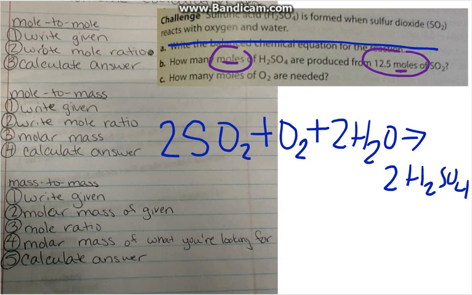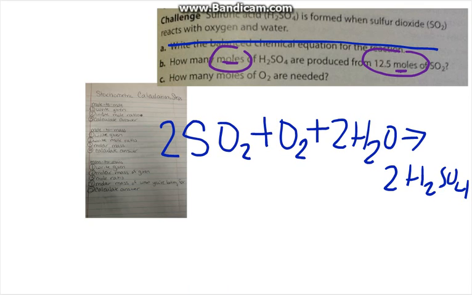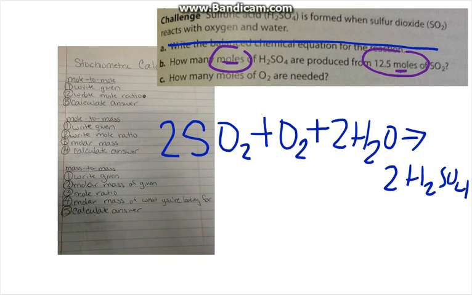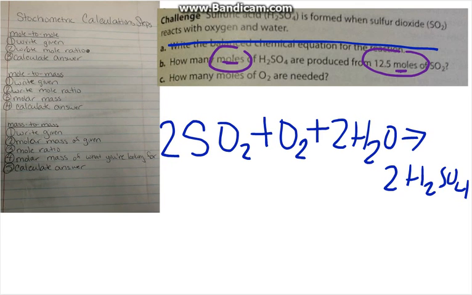I am hoping that since you saw the word moles twice, you're looking at your steps, you see the words mole twice, and you know that it is a mole-to-mole. I'm hoping for that. Okay, so you look at your steps, and remember the steps we're looking at are these here because it's mole-to-mole.